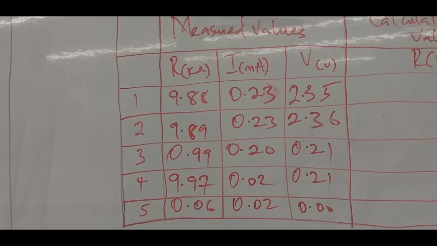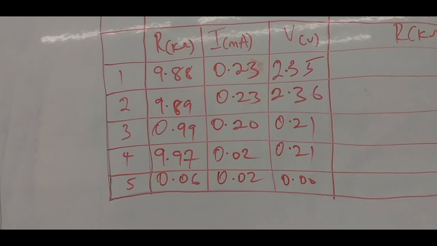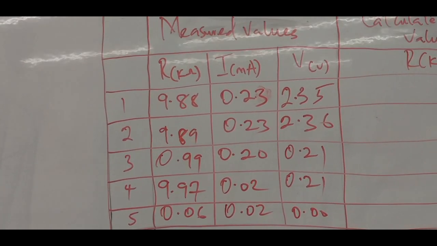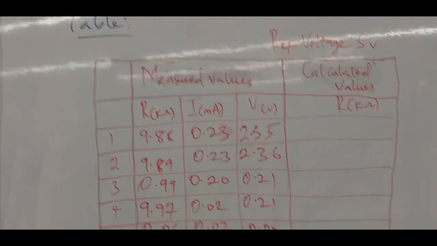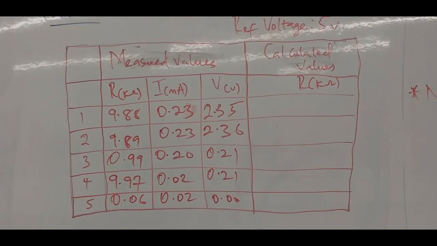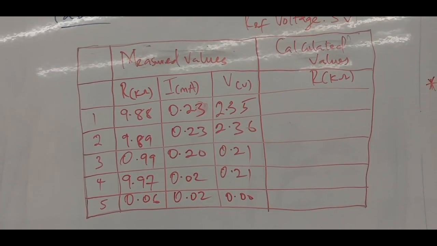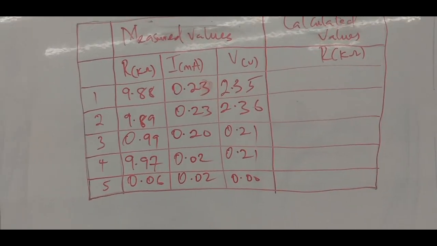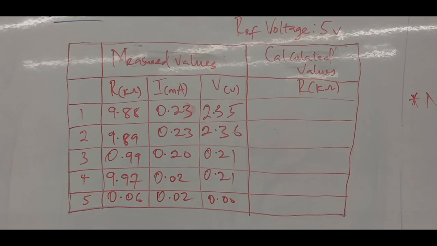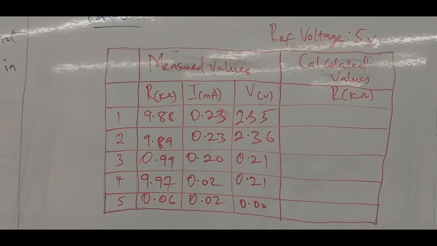And because your R3 had a lesser resistance, almost 0.1 kilo ohm, more current had to flow in. But the summation, the total current that flowed in through I1, was 0.23. You get the point?